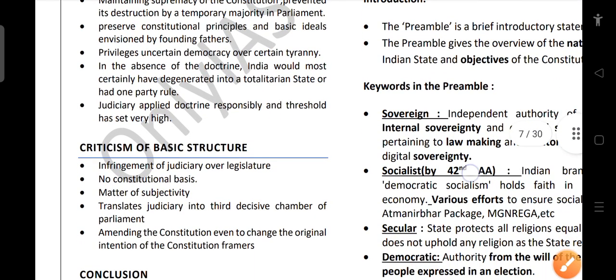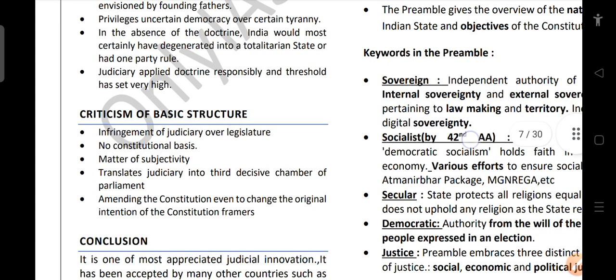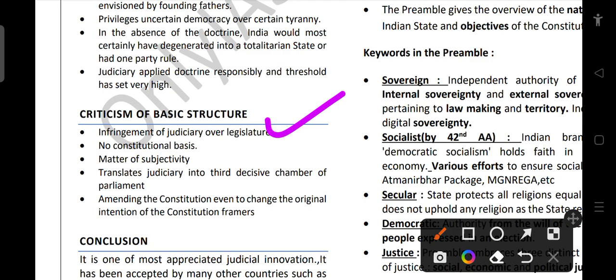Now what is the criticism of this basic structure? The criticism is infringement of judiciary over legislation. So every law can be considered under the judicial review. So it is a kind of infringement of the separation of power doctrine. Then there is no constitutional basis for this doctrine. Then it is a matter of subjectivity, it differs from judge to judge, right?